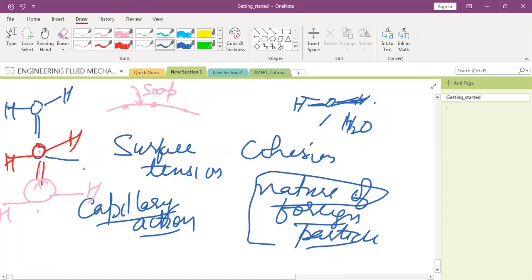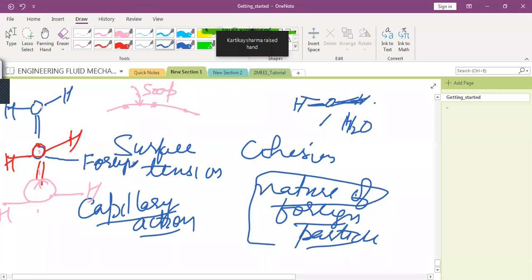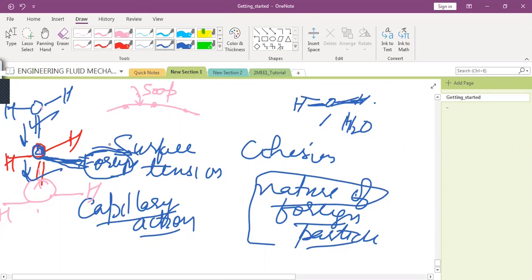So this is, say, F, the foreign molecule. So this tends to attract with this. So when this water molecule finds it congenial that this foreign particle is worth interacting with, its interaction with the other two water molecules will reduce a little bit. So the cohesion force has reduced among the water molecules due to entry of this foreign molecule.